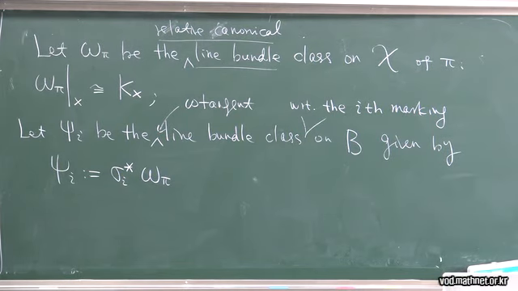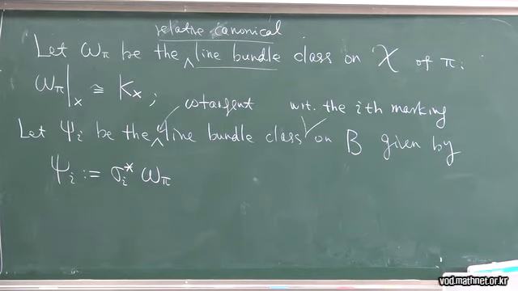Then if I take this point in the moduli space representing the fiber with the n markings, what is the fiber of the line bundle psi i over that point? Let's call this point representing the curve X along with the markings P1 up to Pn, with the marked point Pi.